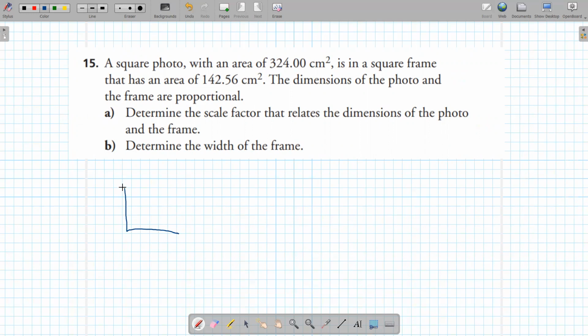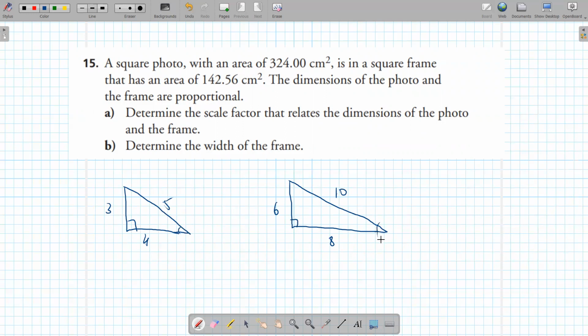Let's say you have some triangle 3, 4, 5, okay? And then you have another triangle. We're just going to double it: 6, 8, and again, Pythagorean triples, it's going to be 10. What's the scale factor? 2?